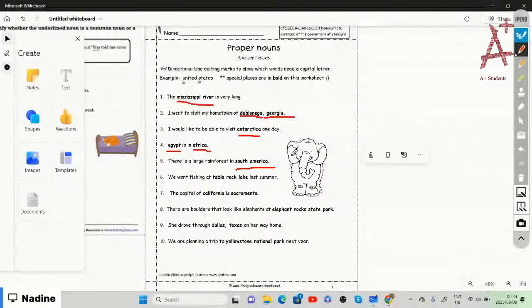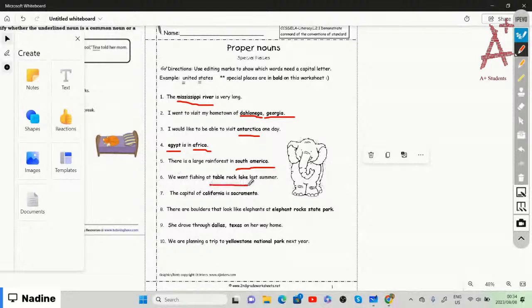We went fishing at Table Rock Lake last summer. We need to change that word to a capital letter, right? Because Table Rock Lake is probably either a place where you can do your fishing, maybe it's a campsite, we don't know, but it's definitely a name of a place.